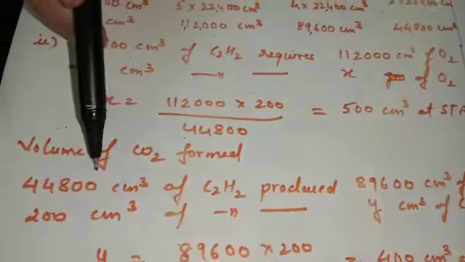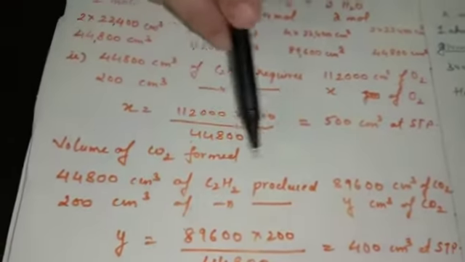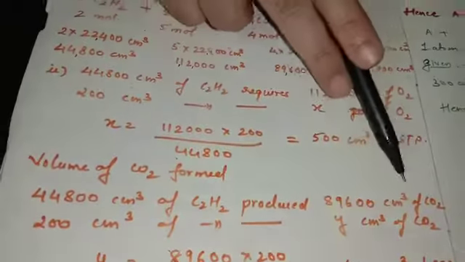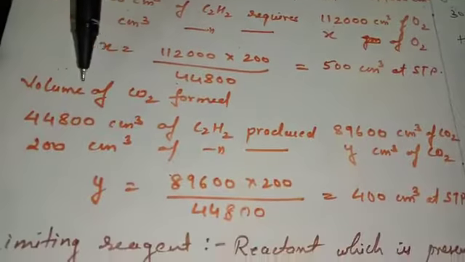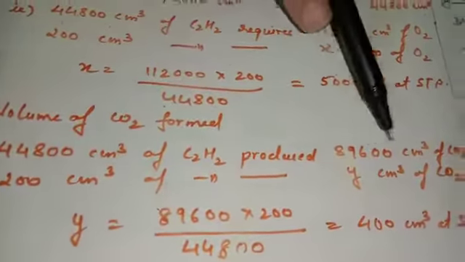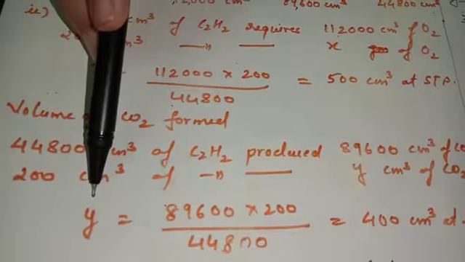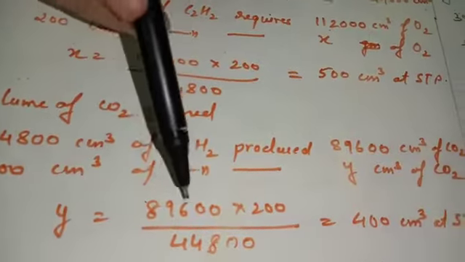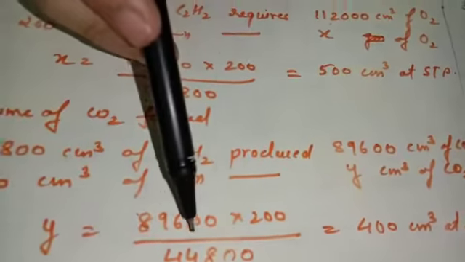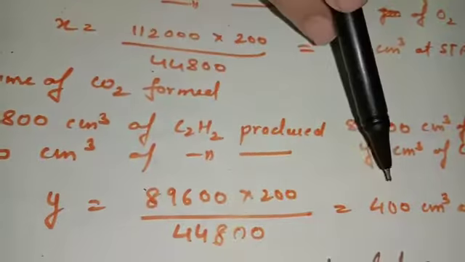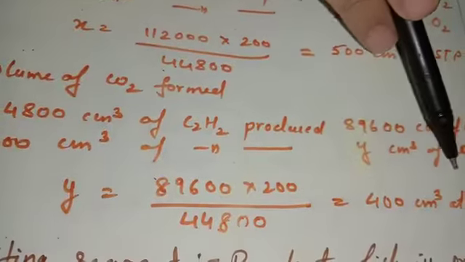So, 44,800 centimeter cube of ethyne produces 89,600 centimeter cube of carbon dioxide. Now, 200 centimeter cube of acetylene will produce how much carbon dioxide? By the unitary method, y is equal to 89,600 multiplied by 200 upon 44,800. It will give you 400 centimeter cube at STP.